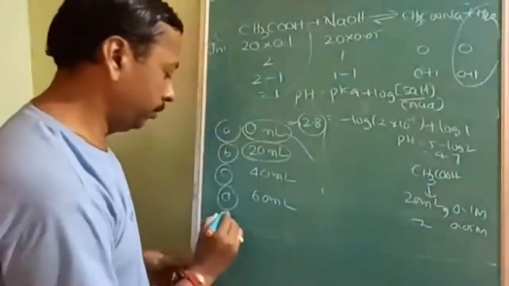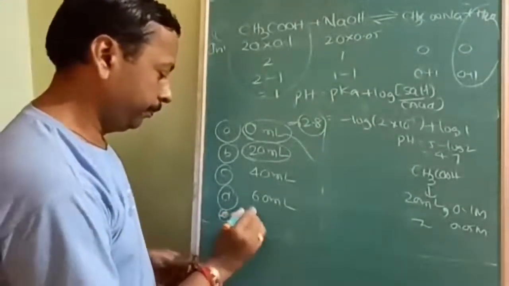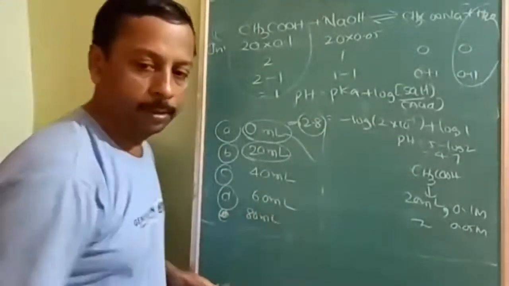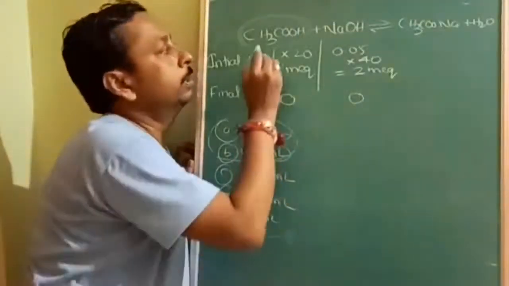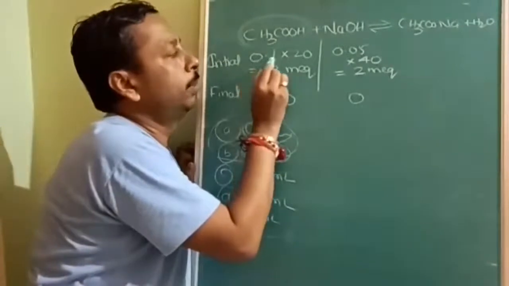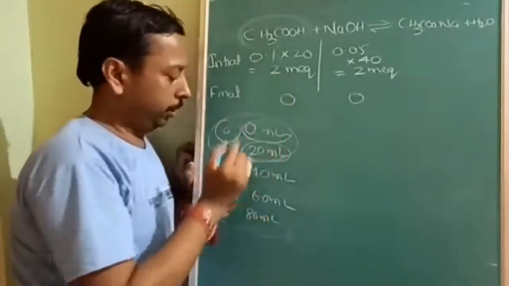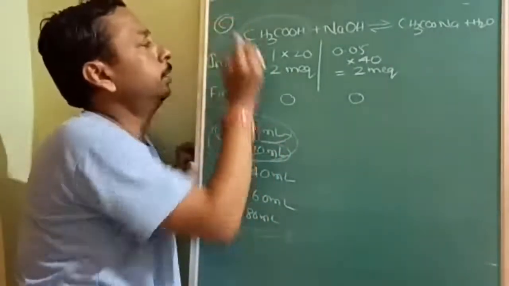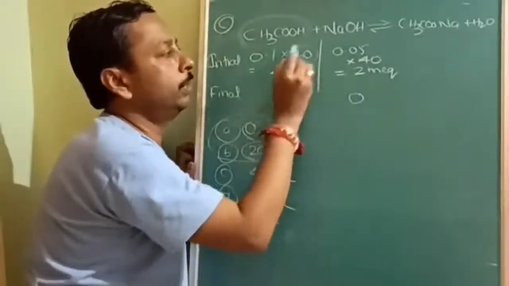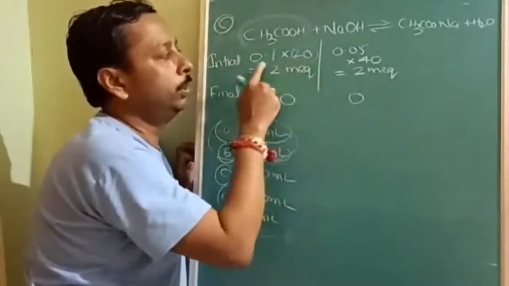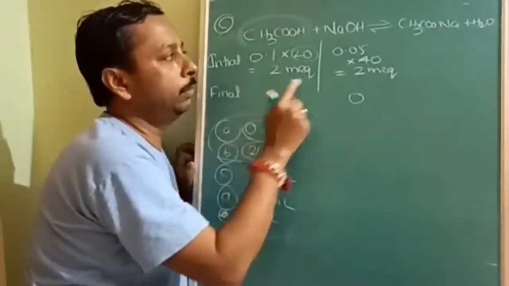It is 80 ml. See here. In this question, 0.1 molarity. We are talking about the part C here. In the C part, 0.1 molarity of acetic acid of 20 ml. Volume into molarity will get milli equivalent.